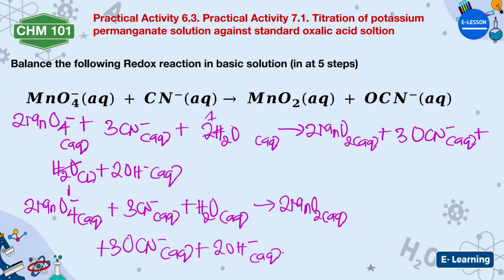I was doubting this MnO2 because I know that MnO2 is supposed to be in the solid form, not aqueous. Are you getting it? So MnO2 is in the solid form, not aqueous. So please, this is a typographical error. So change MnO2.